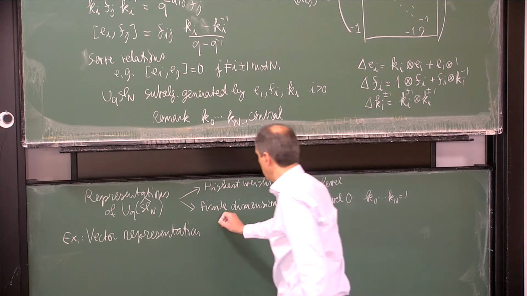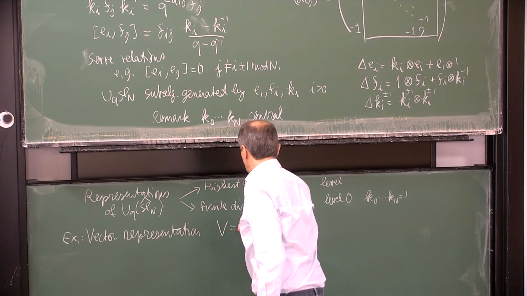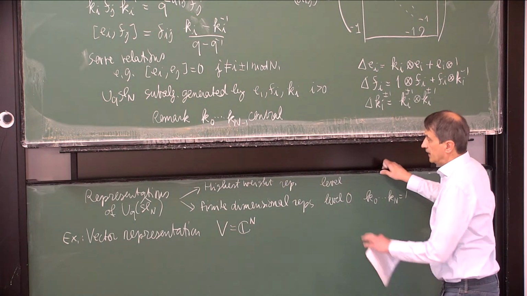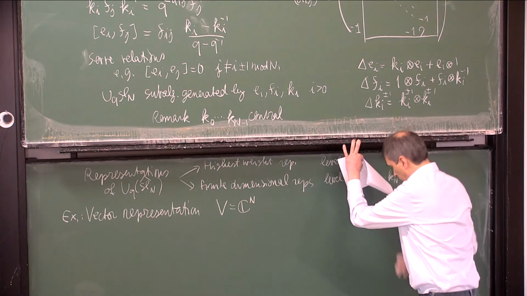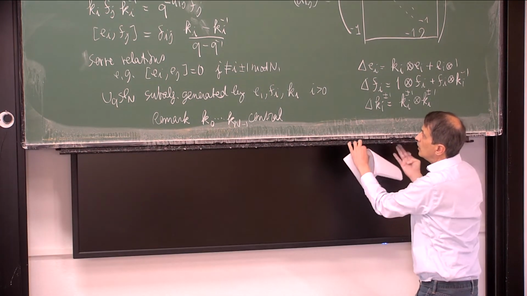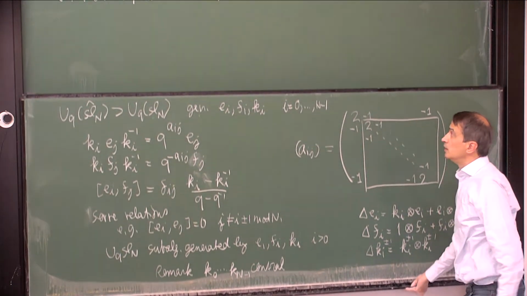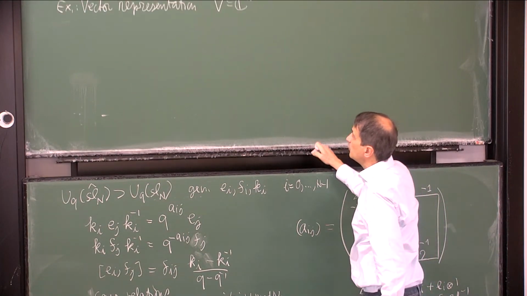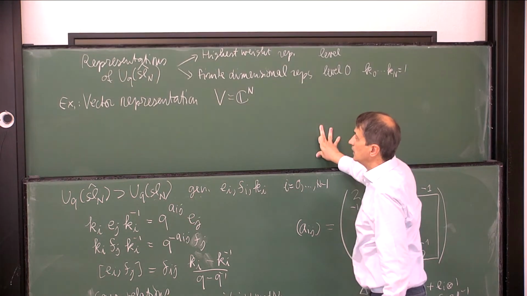So you take V equal to C^n, and if you look at it, it will be a very stupid representation, in the sense that you just take the vector representation of the algebra.